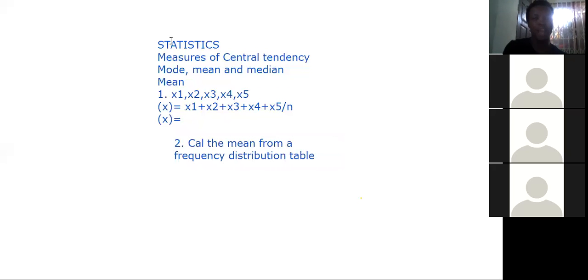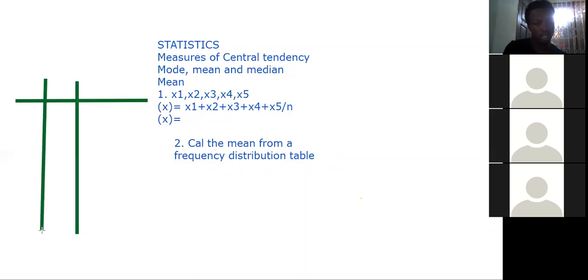So for instance, if I have a table like this, I'm just trying to draw a table.